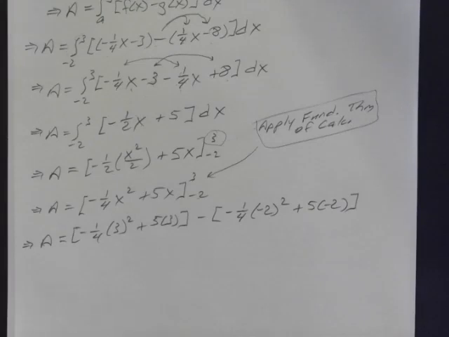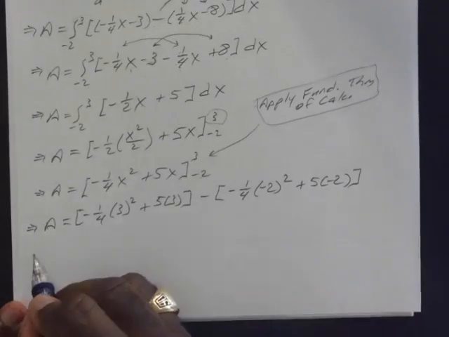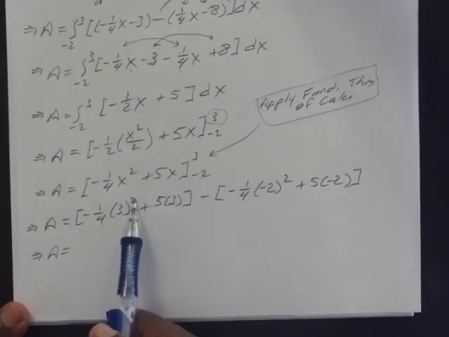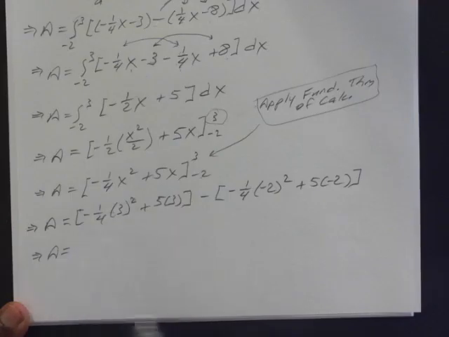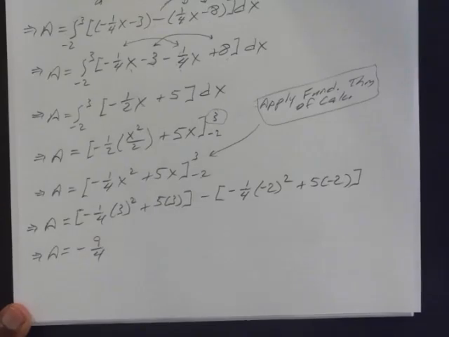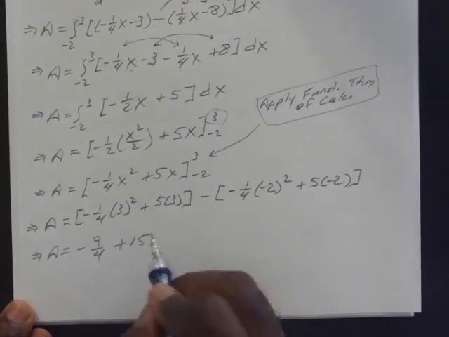Now from there, we just go ahead and simplify. We have 3 squared, which is 9 times negative 1/4, negative 9/4, plus 5 times 3, so that's plus 15.